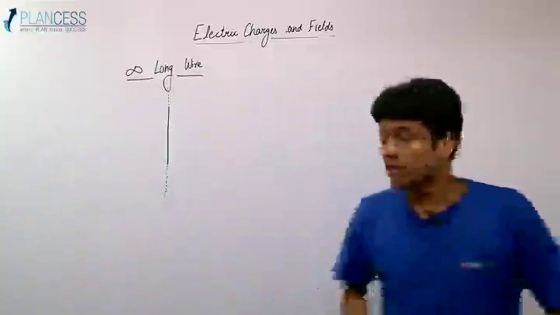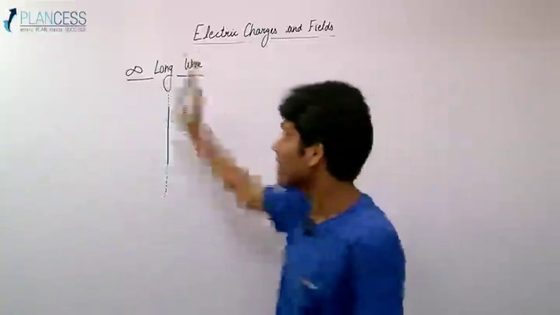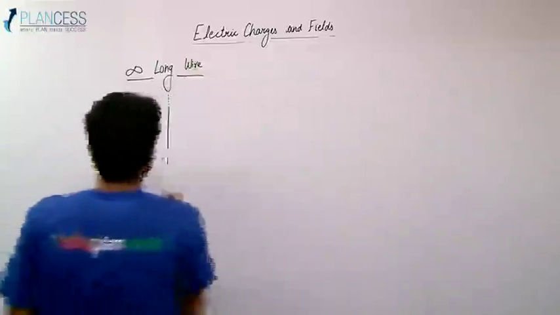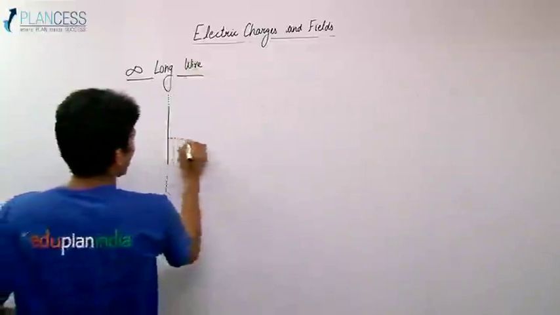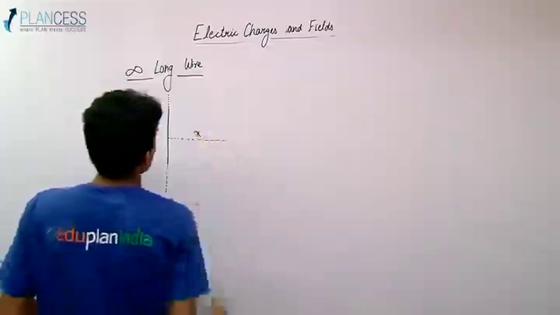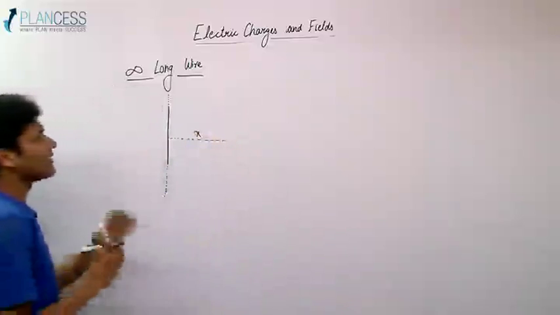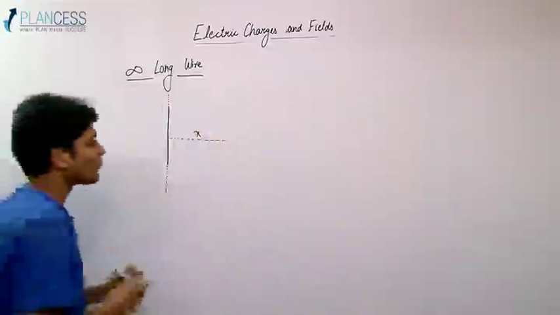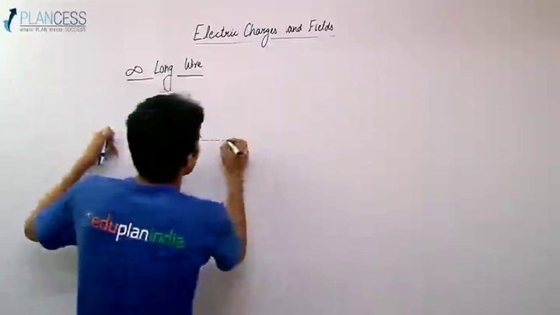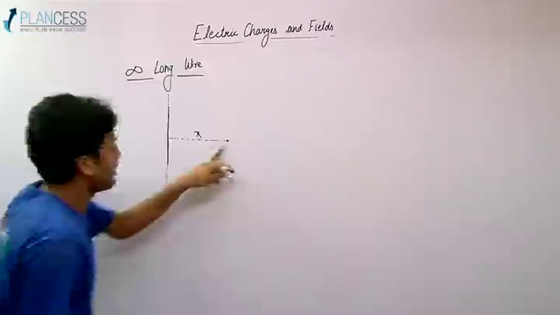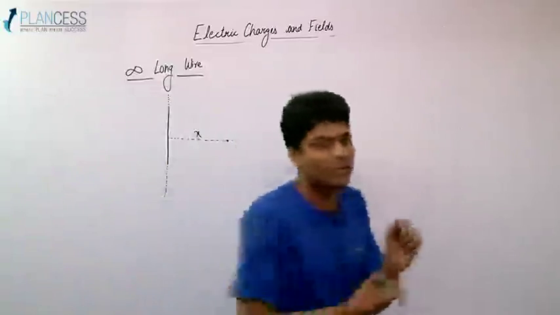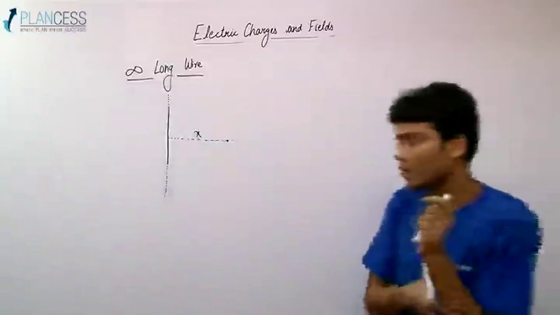You have to calculate the electric field exerted by this infinitely long wire at a distance of x units. Since it is infinitely long, it doesn't matter from what point this distance is. So we have to calculate the electric field at this point, which is at a distance of x from this infinitely long wire.